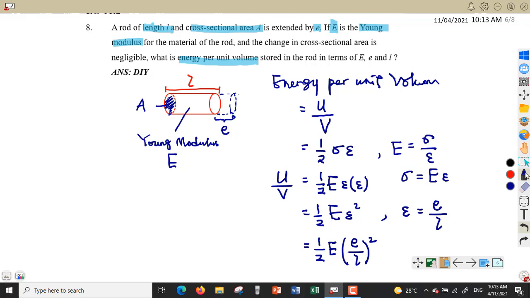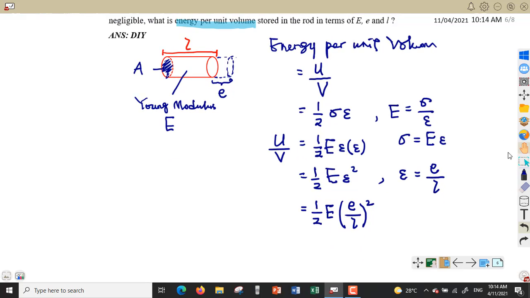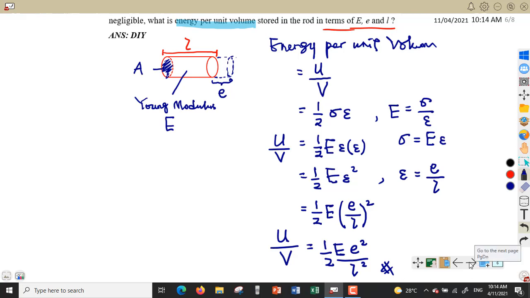Then you see we have already put it in terms of E, e, and L. So our strain energy per unit volume will be half Young modulus times extension squared over original length squared. So this one will be our answer. Now we move on to question 9.